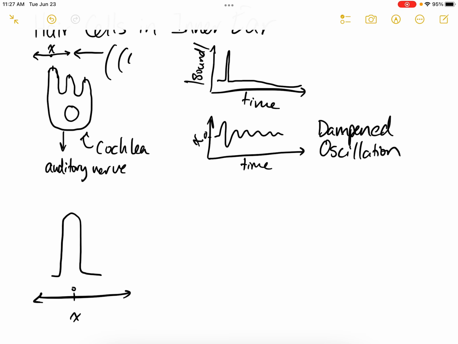When we think about these sound waves moving this hair cell, this actually is just a force of the sound, and we assume that it varies with time. Think about this: this hair cell is an object with some mass, m, and again, this is the force exerted by the sound.